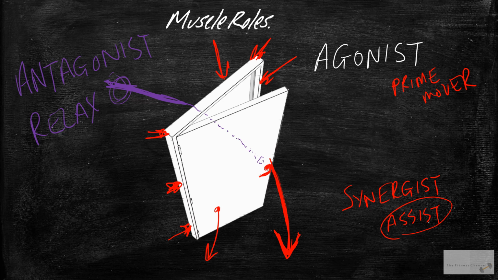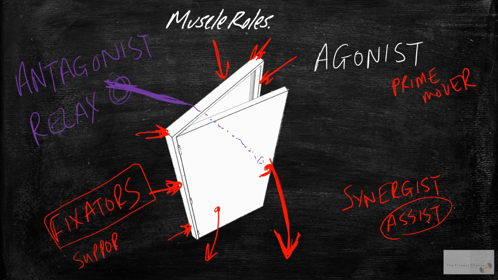What they're doing is stabilizing this frame so that it doesn't move. They are called your fixators. So the fixators support the limb, the joint, whatever it may be, to prevent any unwanted movement in that desired action.